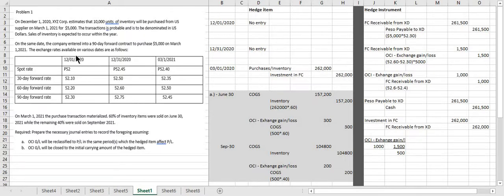The exchange rates available on various dates are as follows. Okay? So basically, ang problem na ito is a forecasted transaction. Kumbaga, the company is anticipating a future transaction, a highly probable transaction.